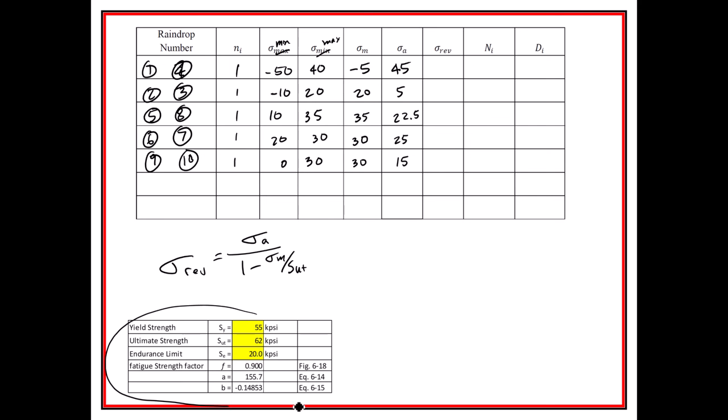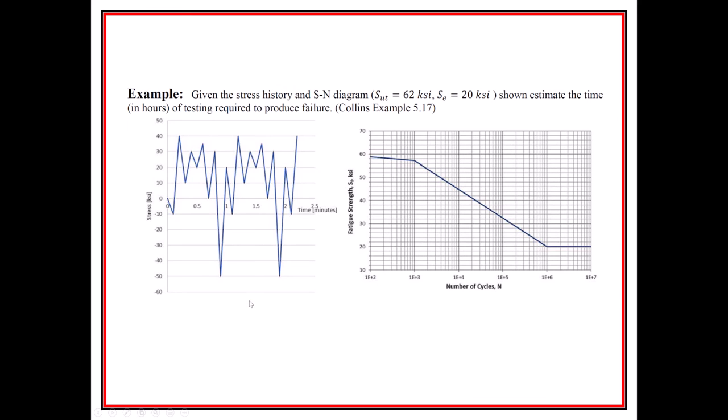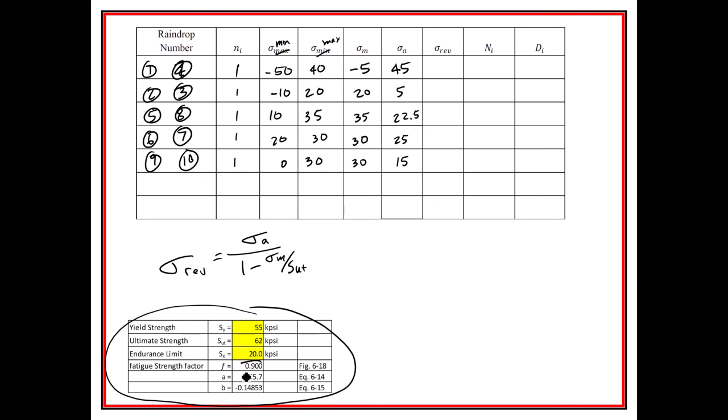But all of this information down here for this problem right here is provided, right? They already provided that the endurance strength was 20 and the ultimate strength was 62. And from that, by the way, with 62, we could look up, we always find that that's going to be 0.9. So I really want to change what this endurance strength is going to be.